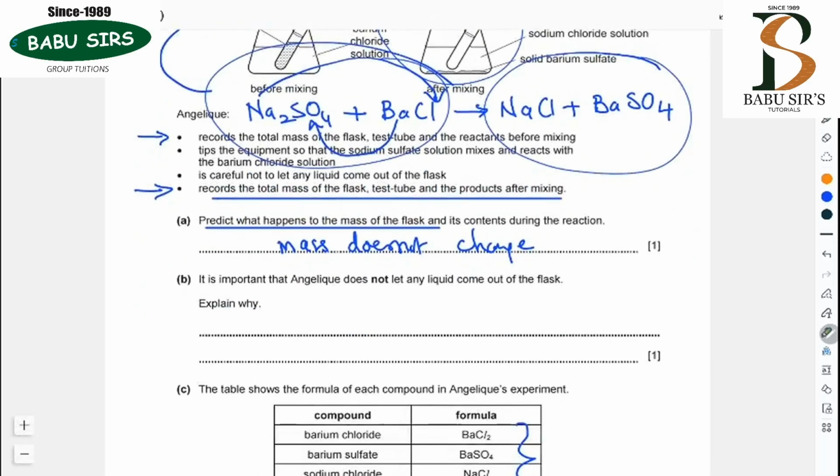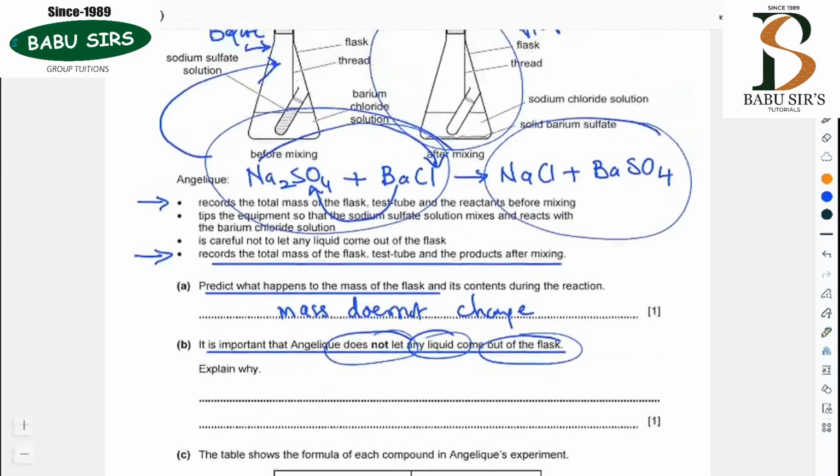Second question is, it is important that the flask is totally covered. It does not let any liquid out, any gas out, nothing. So why is it done? It is done because some mass might be lost because of evaporation or something.